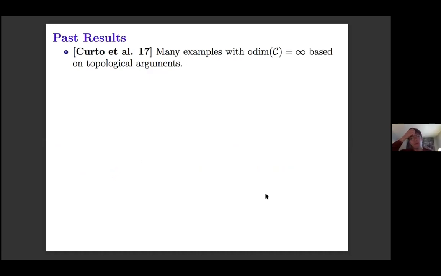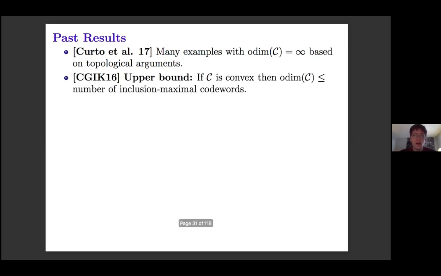Cool. So, some past work that people have done. There are plenty of examples where the open embedding dimension is infinite, where I can't find a realization. One classical tool for this is to use topological arguments, like the one I just gave about disconnectedness, but you can generalize that much more. On the other hand, if you do have a convex code, if you can find a realization, the dimension is bounded above in some way.